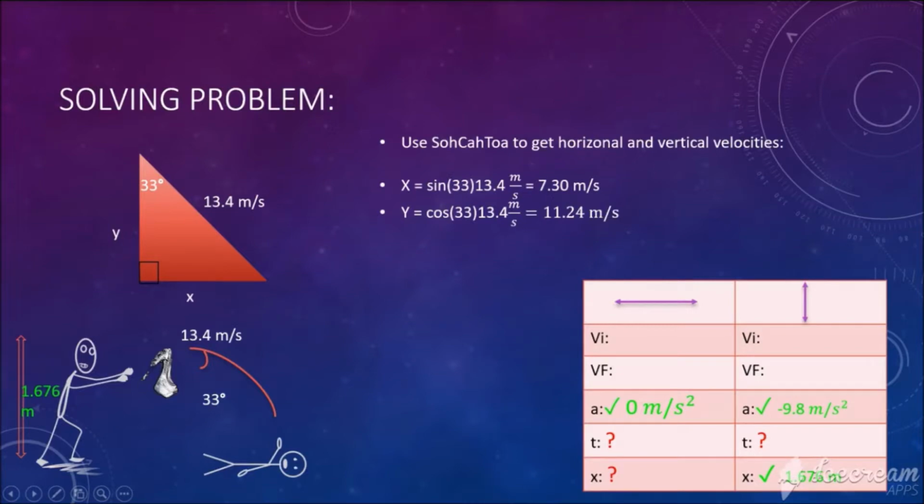So I did sine of 33 degrees times 13.4 meters per second to get the horizontal velocity, which is 7.3 meters per second. I did the same thing for the vertical one, Y, but the only difference is you use cosine instead of sine, since it's the adjacent measurement and the hypotenuse. So it's cosine of 33 times 13.4 meters per second, and the vertical velocity is 11.24 meters per second.